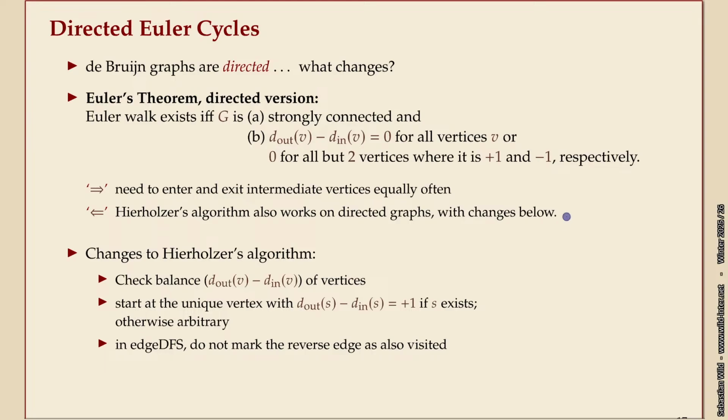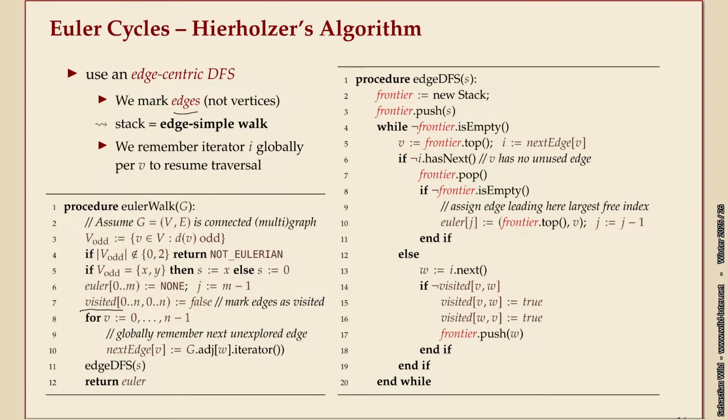And the same kind of algorithm works to compute the Euler walk if the right-hand side is fulfilled with minor adjustments. Initially, when we started here, we looked at the degrees of vertices and then picked one that has odd degree if there was one.